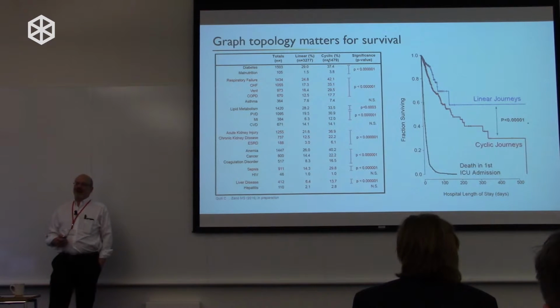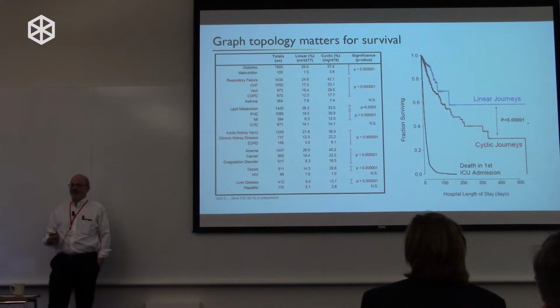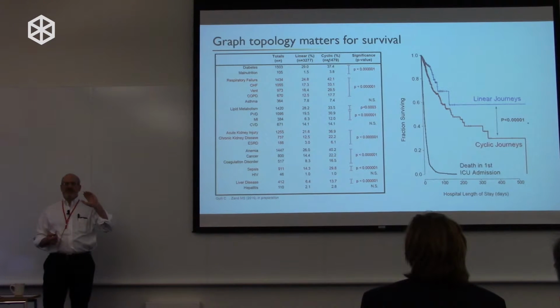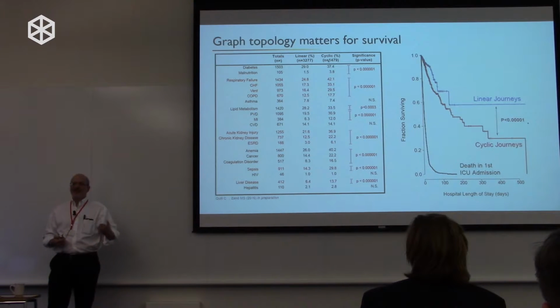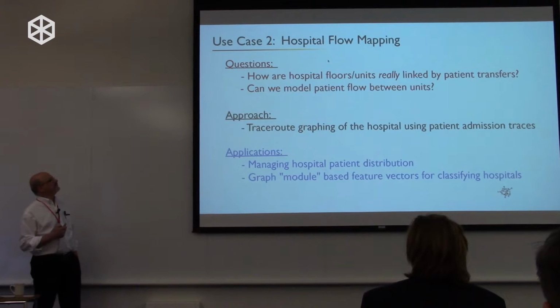So topology of patient journeys is a risk factor for survival. Now, the work that we're doing now is we're looking at all the possible predictive factors, because what we would like to do is come up with a relative risk index of somebody looping back, and then try and change that curve.